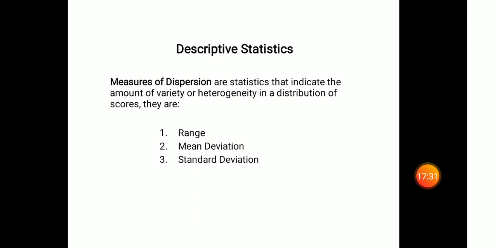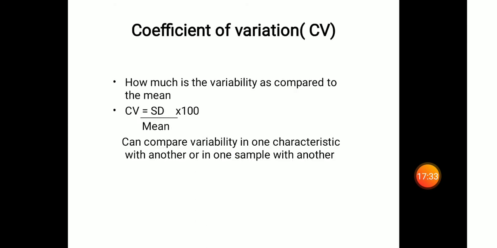That is what you have in the next slide, where the coefficient of variation shows how much the variability is as compared to the mean. So it can compare the variability in one characteristic with another, or in one sample with another, which is not done in the case of standard deviation. So what's the formula for coefficient of variation?